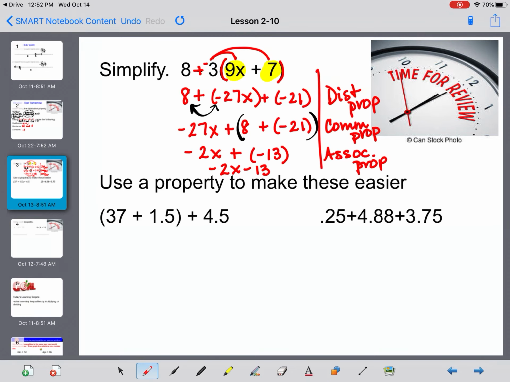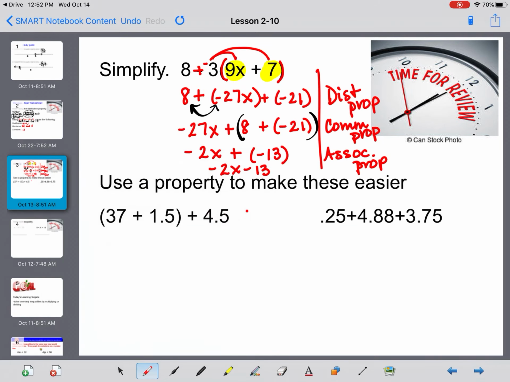All right, the next one, use a property to make these easier. Now, I think that it would be easier. The properties help us to do mental math easier. You always want to rearrange or regroup the numbers so that you get a whole number or a multiple of 10, 10, 20, 30, 40, something like that.